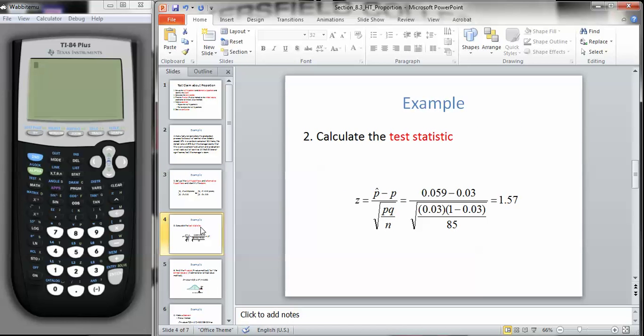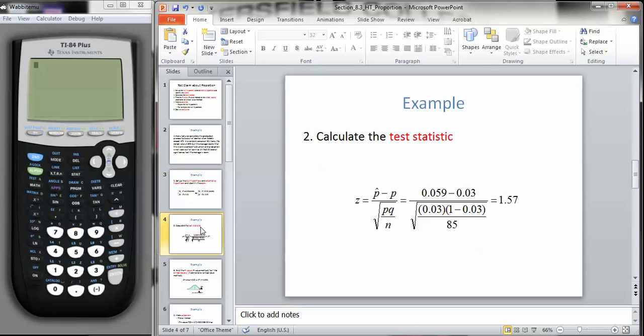So then here's how we find the test statistic. p hat is the point estimate, which is the defect rate we got from the sample of sample size 85. So that's the 5.9%, and p is the defect rate under the null hypothesis.